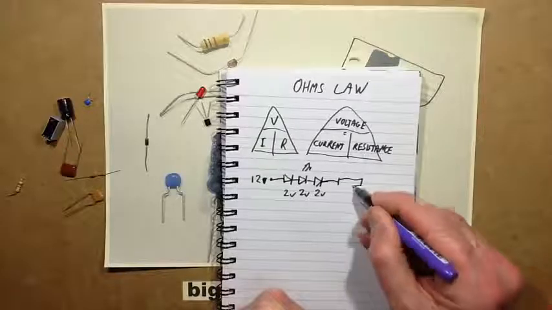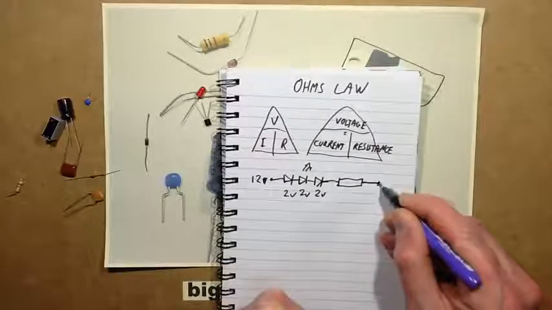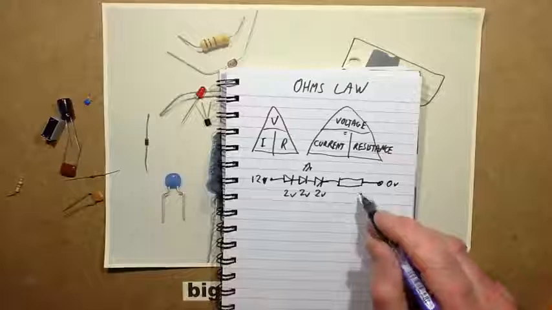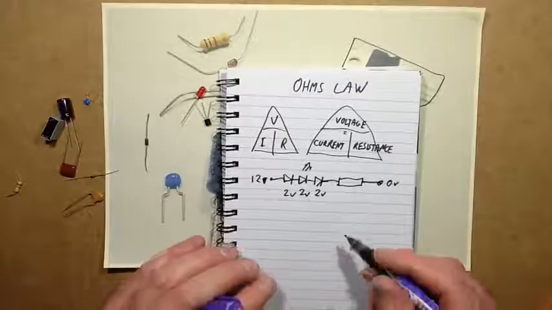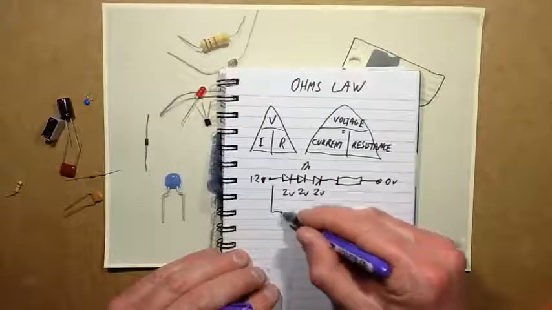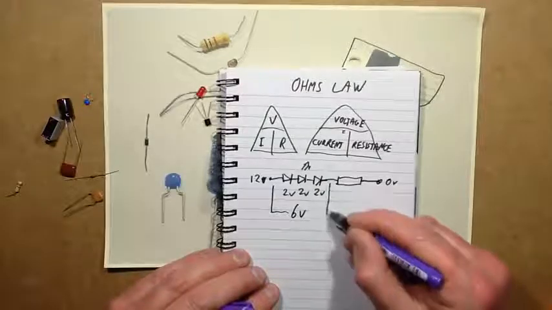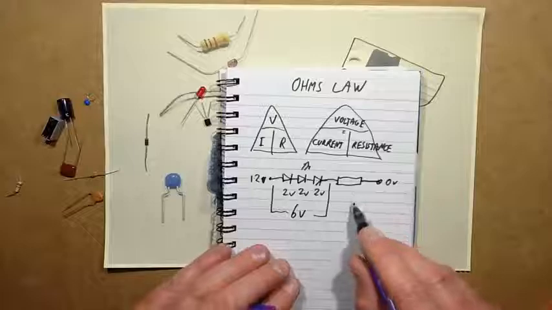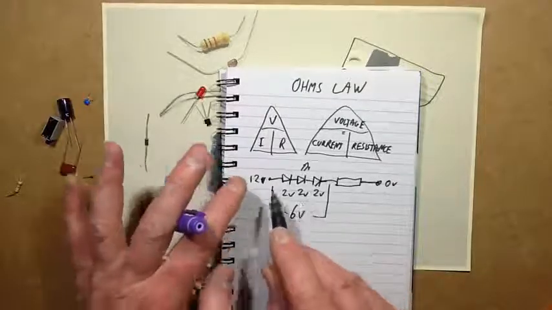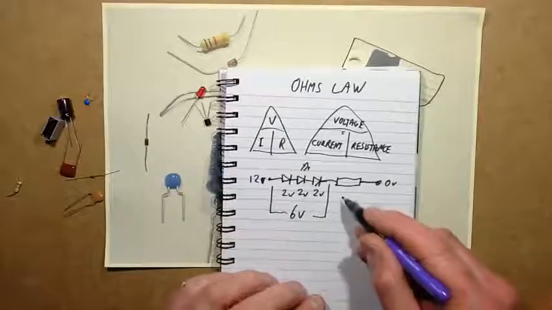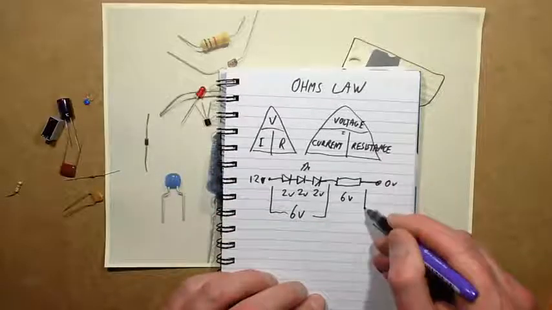You want to choose a resistor that is going to limit the current, so that's 0 volts over there. You want to choose a resistor that's going to limit the current through these LEDs to 10 milliamps. So across the LEDs you've got 6 volts dropped. Because it's a 12 volt supply, with 6 across the LEDs, you're going to have 6 volts across the resistor to drop.